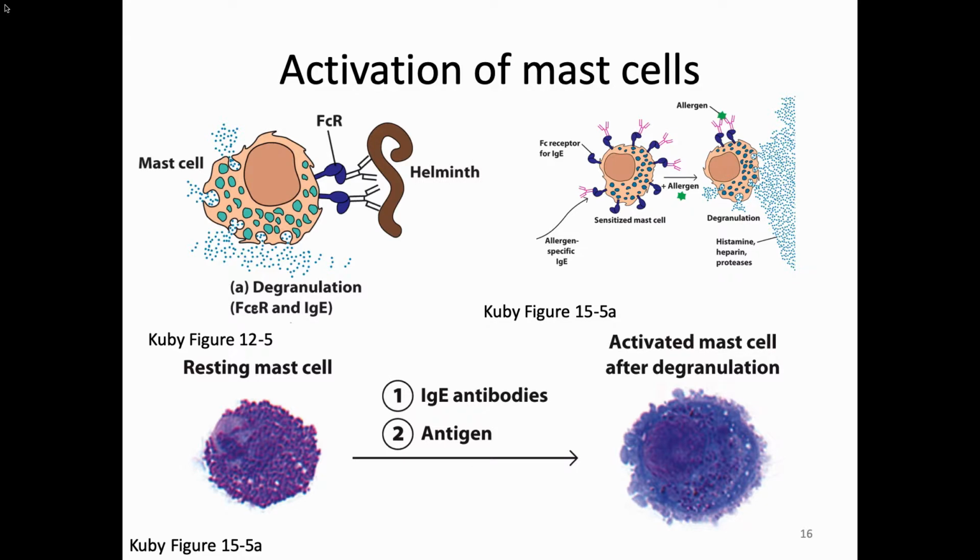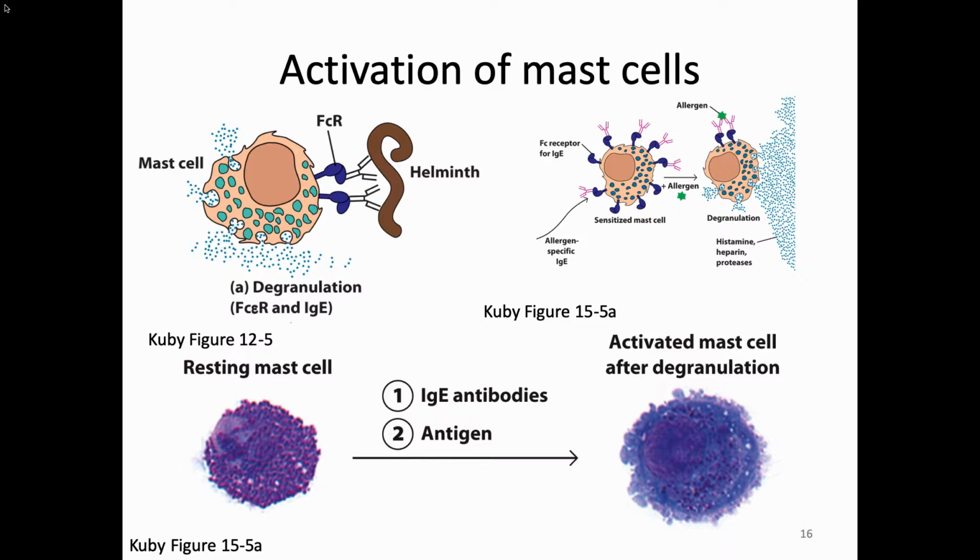We can also see antibodies binding to other Fc receptors. In this case, these Fc receptors are not on NK cells. In this case, the Fc receptors are on a different cell type called a mast cell.